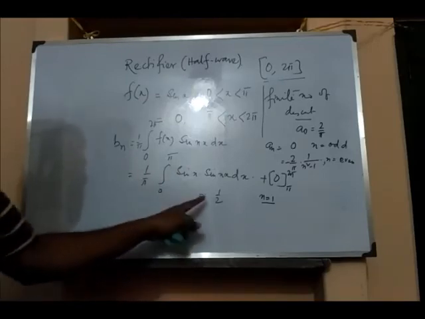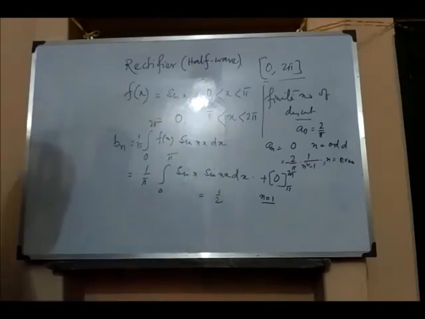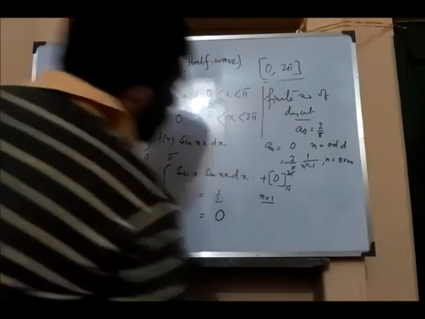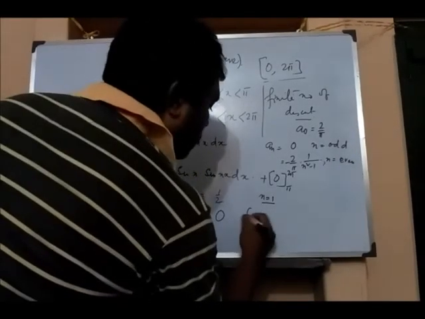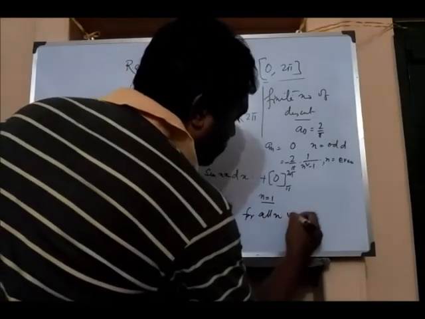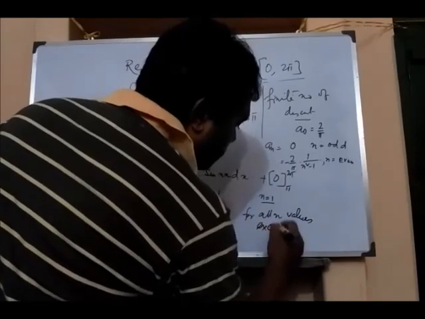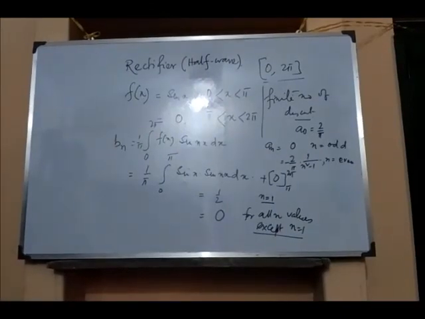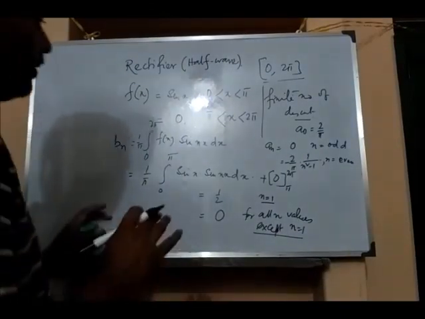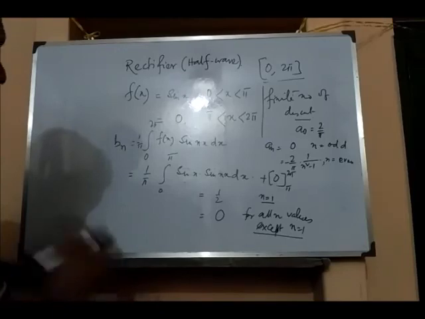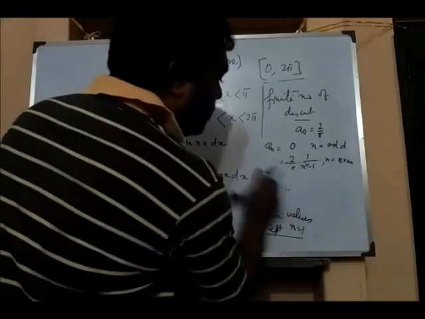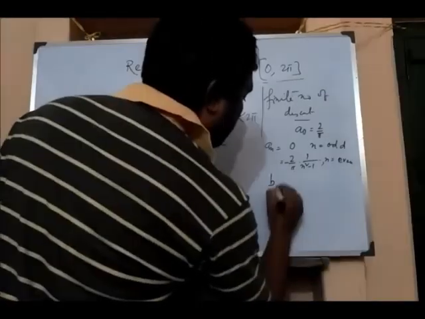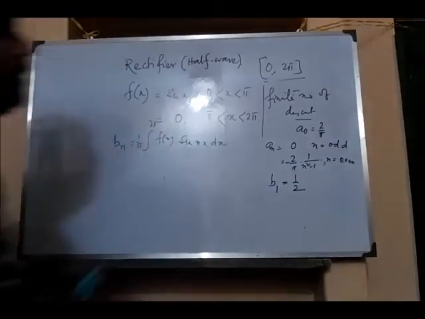So that gives me just half, right? But this gives me 0 for all n values except n equal to 1. Okay, so just the b_1 term exists for n equal to 1.